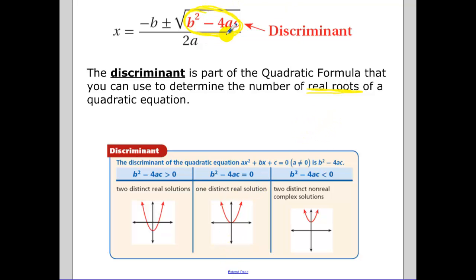If the part underneath the radical is positive, we get 2 real solutions. And we talked about this in an earlier video. Your graph is going to hit your x-axis at 2 points. Now if it's 0, basically that piece would go away. So I would have 1 solution. Hey, what's that negative b over 2a? The vertex. Okay, so our vertex is going to be sitting right on the x-axis.